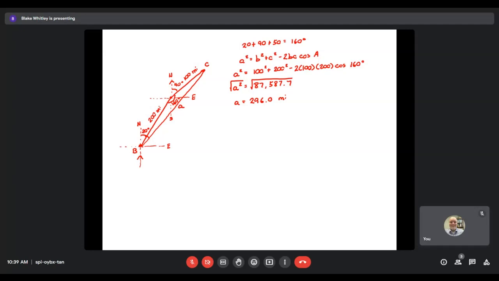I need angle B, so I'm going to use B squared equals A squared plus C squared minus 2AC times the cosine of angle B. My side B is 100, so we have 100 squared equals A squared, so 296 squared, plus C squared, which is 200 squared, minus 2 times 296 times 200 times the cosine of angle B.